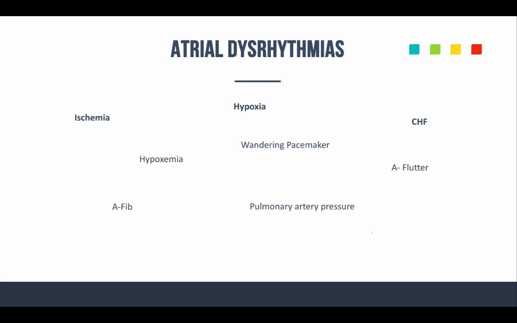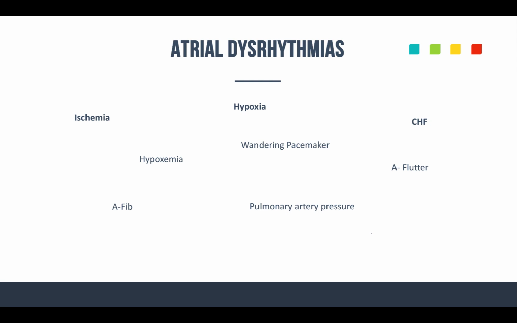Sometimes you might see it called multifocal atrial tachycardia. And then, of course, we have what you see a lot of too, things like AFib and A-flutter. So this is the type of stuff you might see when you talk about atrial events as well, but you have some of the causes.